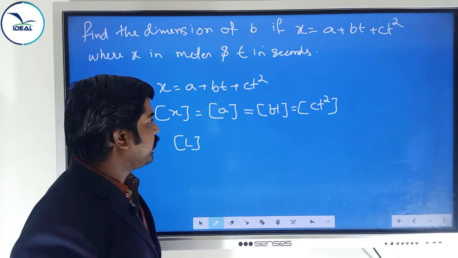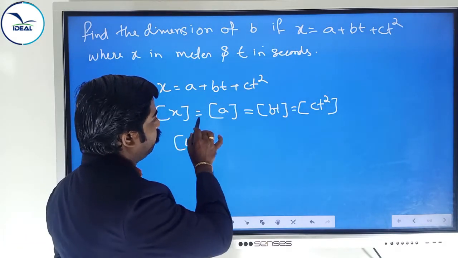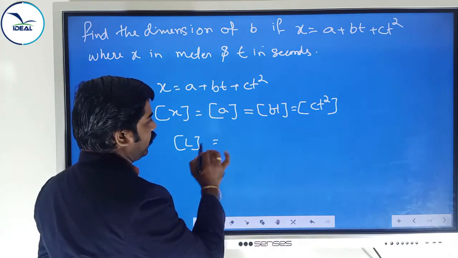If this equation is dimensionally correct, then this dimension should be the same for all the quantities. So I can represent it like this.